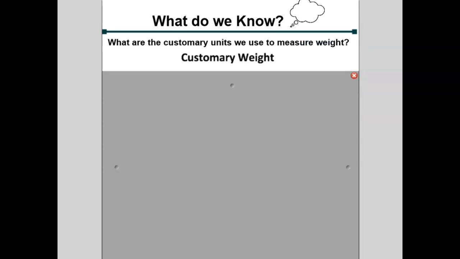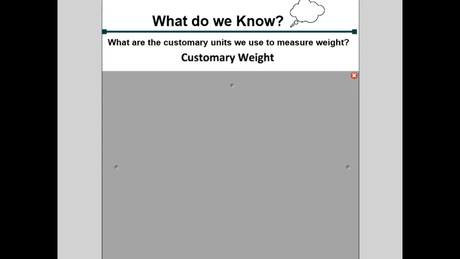So as I mentioned, third graders, yesterday we learned all about customary units that we use to measure weight. I'm going to give you one of them, ounces. We know that ounces are used to measure very light objects that aren't very heavy, such as a small screw.